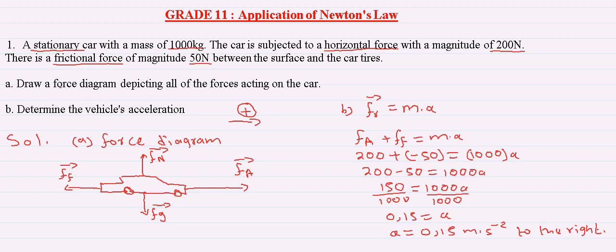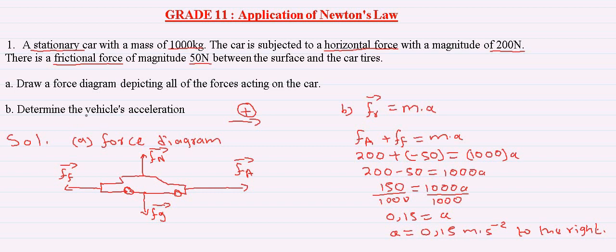Number 1, they said draw a force diagram depicting all of the forces acting on the car. Since the car is not moving up and down, the normal force balances the gravitational force. Then the horizontal force is applied to the right, shown on the diagram as Fa, and the frictional force always acts in the opposite direction. So these are all the forces acting on the diagram.